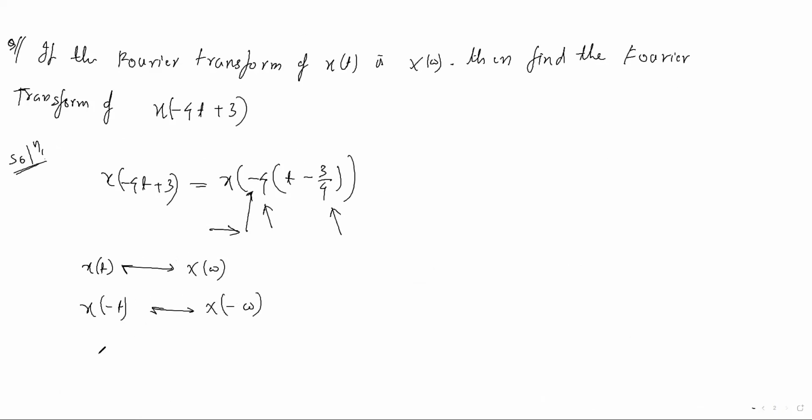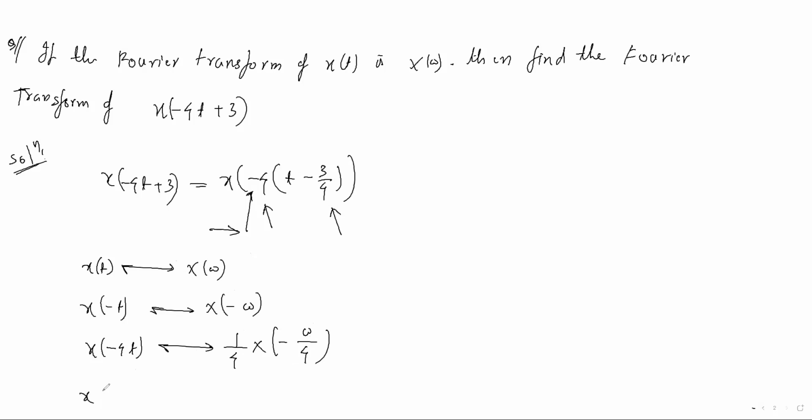Then 4 is there, so take 4. The 4 means scaling property. Scaling property is 1 by a, X of omega by a. 1 by a is 1 by 4, X of omega by 4, okay.